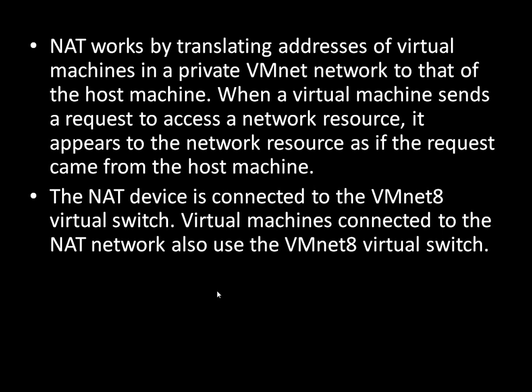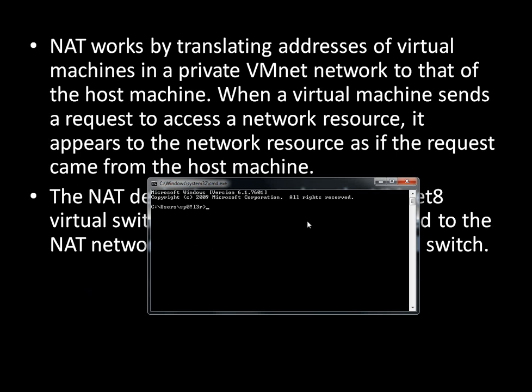The NAT device is connected to the VMnet 8 virtual switch. Virtual machines connected to the NAT network also use the VMnet 8 virtual switch. I will show you. Open the command prompt of your host machine and look for your IP address.